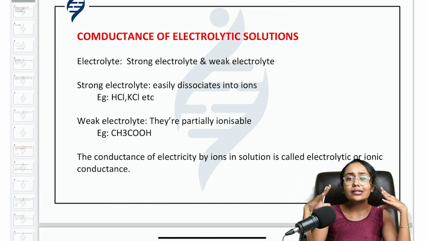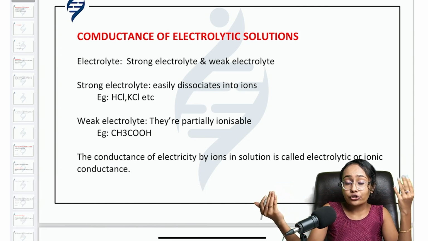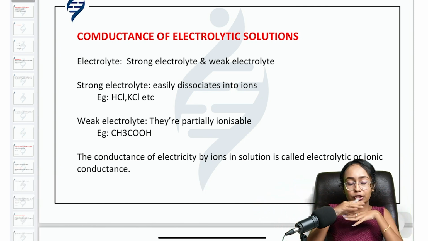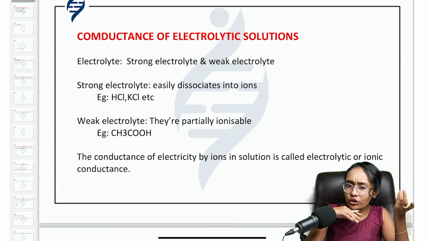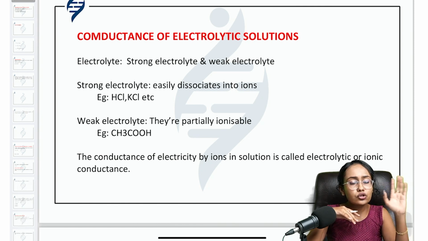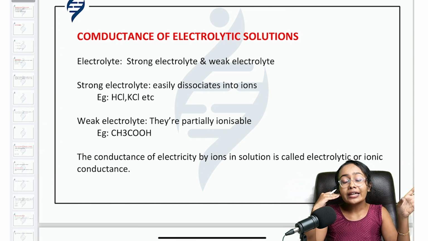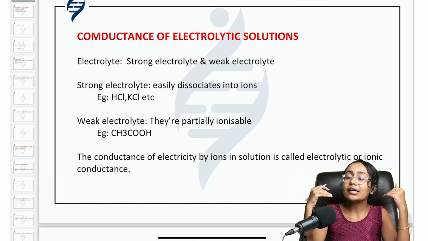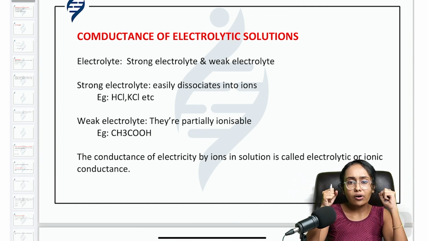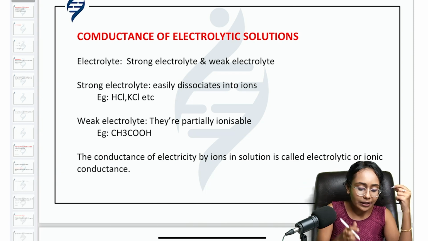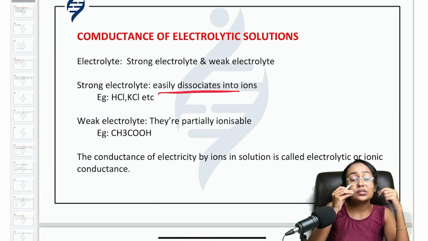Electrolytes are mainly divided into two: strong electrolytes and weak electrolytes. Examples of strong electrolytes are strong acids and strong bases or strong alkali. Examples of weak electrolytes are weak bases and weak acids. What is a strong electrolyte? It easily dissociates into ions.